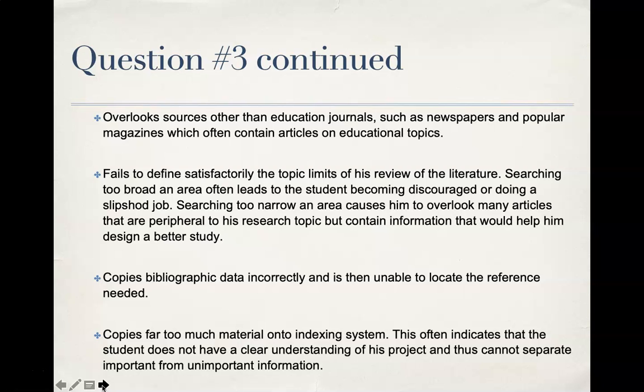Sometimes when you are reading an article and you write down the bibliographic data, the information where you got the research from, the citation, sometimes we write that down wrong, and then when you try to go back and find it, you can't find it. That's a common occurrence with things that are on the website, because sometimes the links get broken and you thought you knew where it was, but now you can't find it.